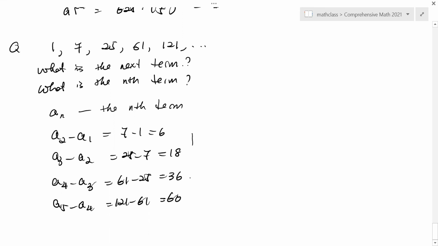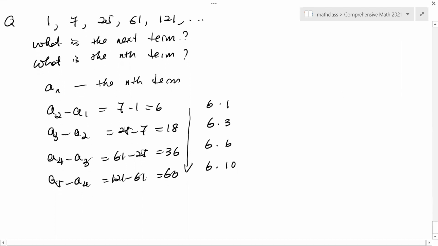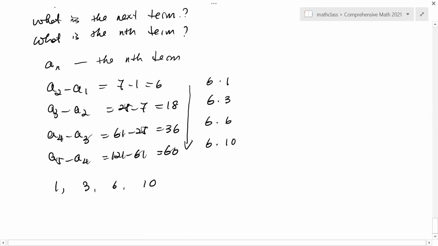So let's see this sequence. Is there any pattern there? The first one is 6 times 1. Second, 6 times 3. Third, 6 times 6. The fourth, 6 times 10. Now you have another sequence: 1, 3, 6, 10. How do we get that? What is the next one?